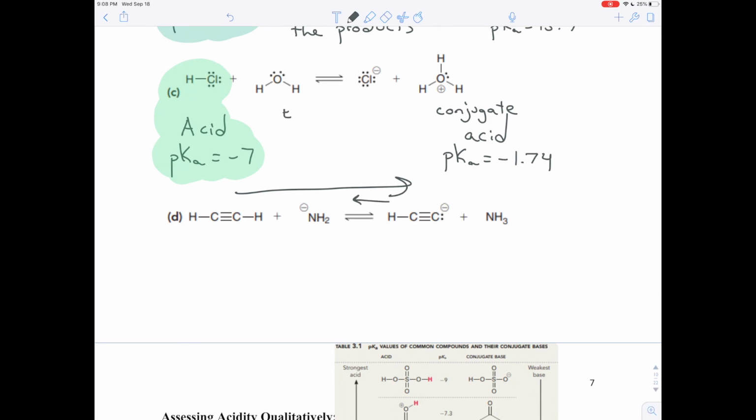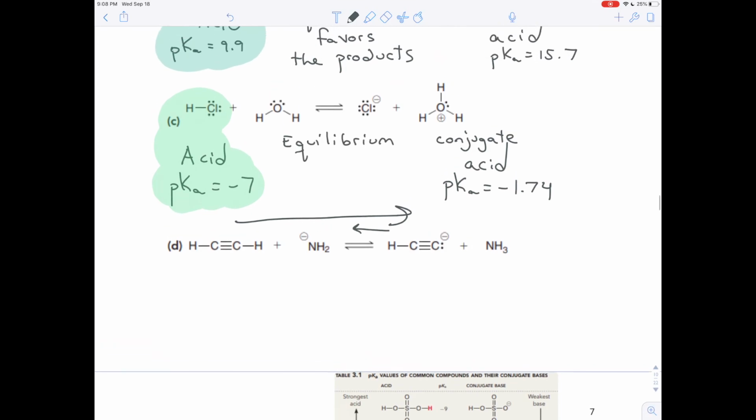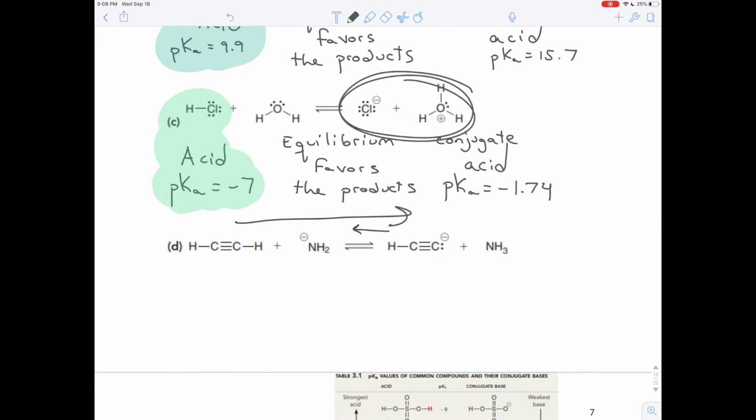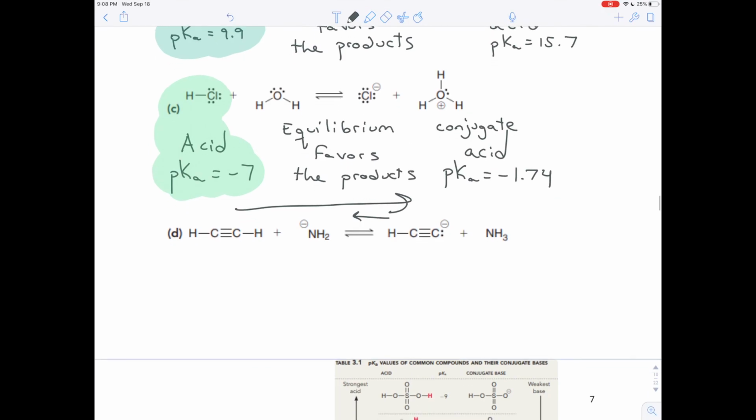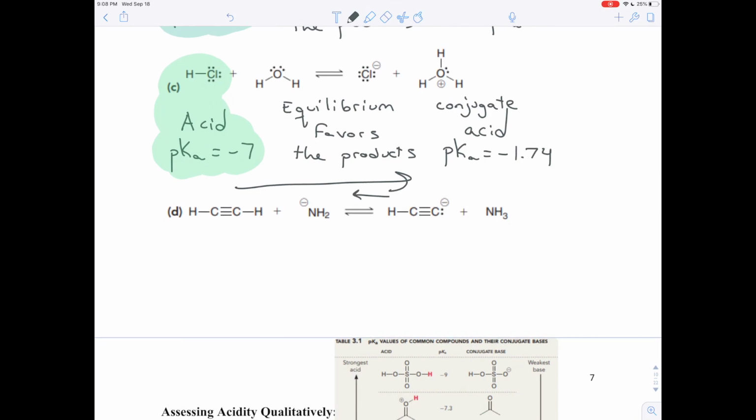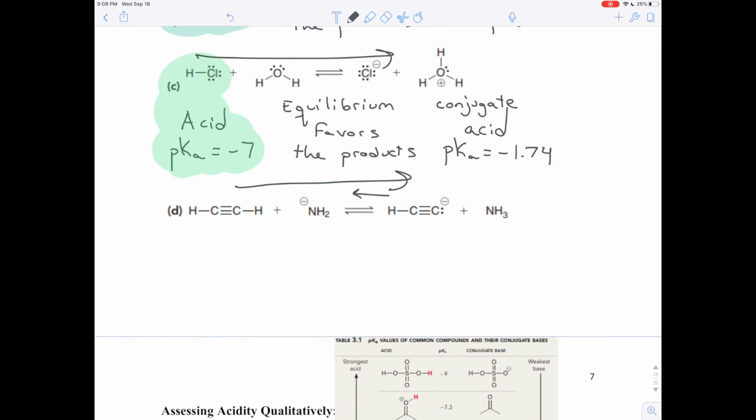And so equilibrium makes more products. There are more products at equilibrium because the acid gives away its hydrogens. That acid gives away its hydrogens better than the other one.